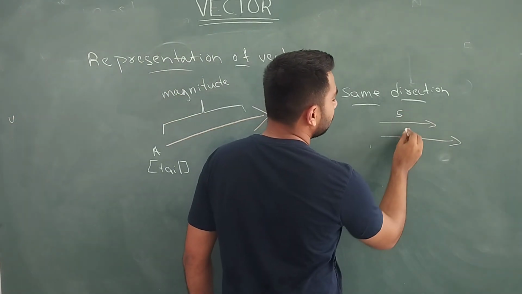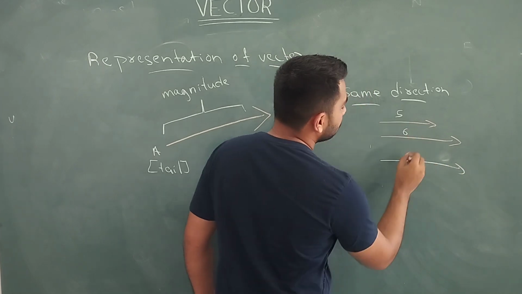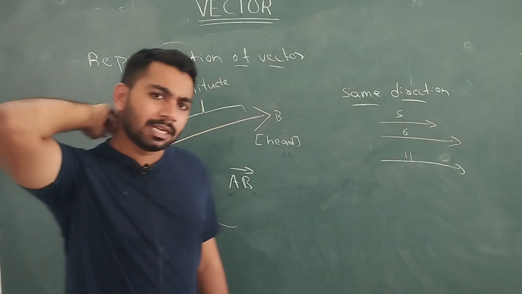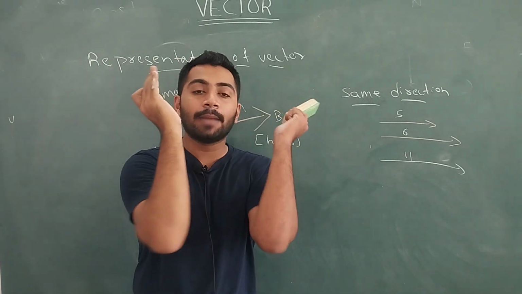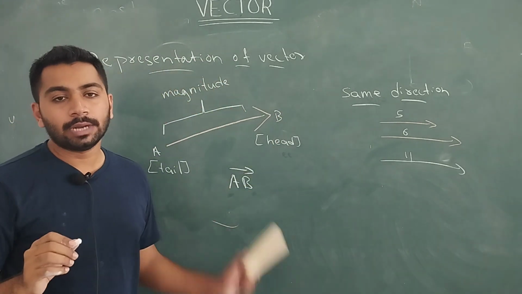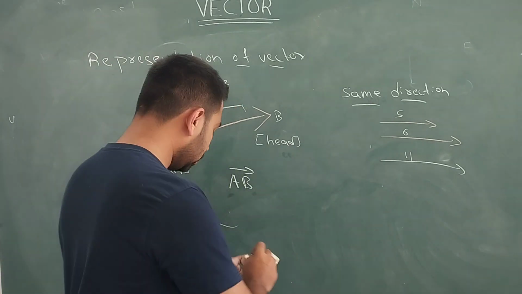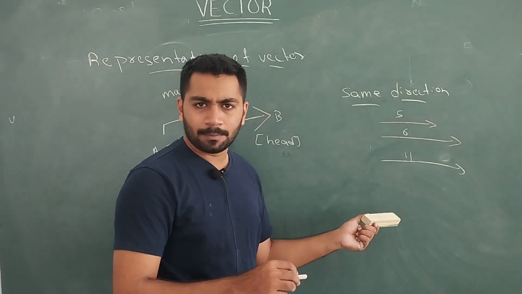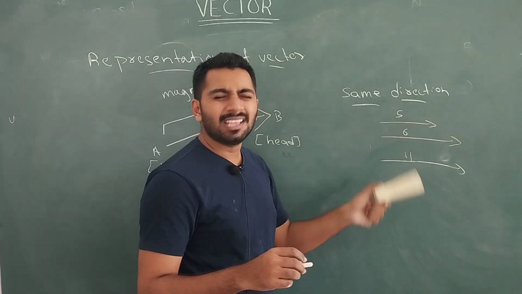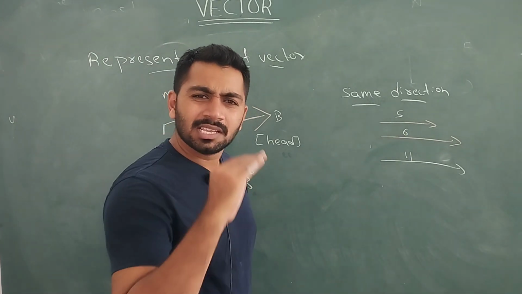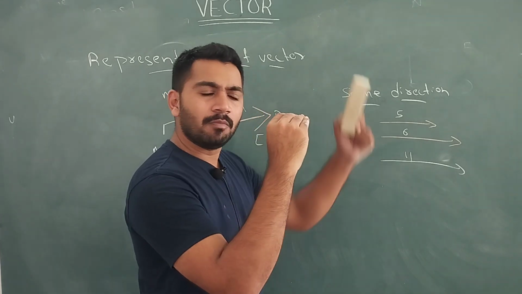Suppose this has 5, this has 6, then the resultant will be 5 plus 6, 11. Sir, you said it follows the triangle law. It will follow when there is some angle, but here there is no angle, so directly. After this I will tell you how this happens. See, basics are coming. When basics are coming, complicated will be easy.